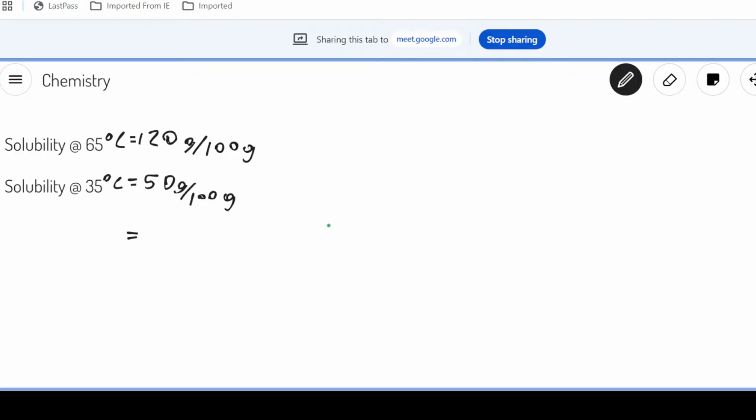The next question had an interesting spin on it. It's asking you to calculate the concentration of a saturated solution of potassium nitrate at 35 degrees.